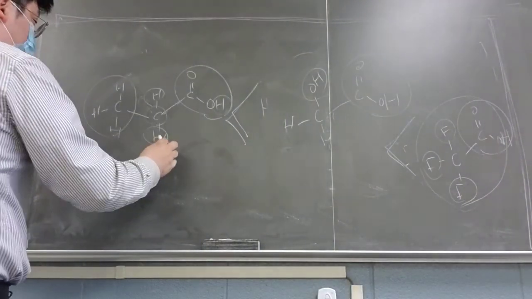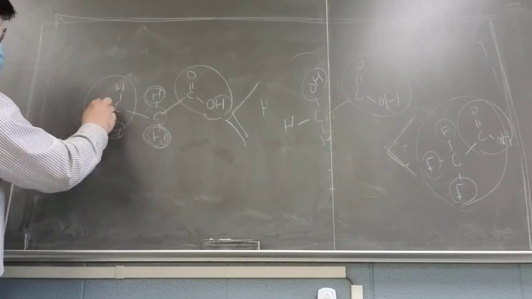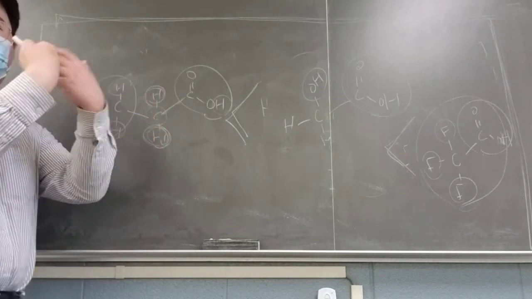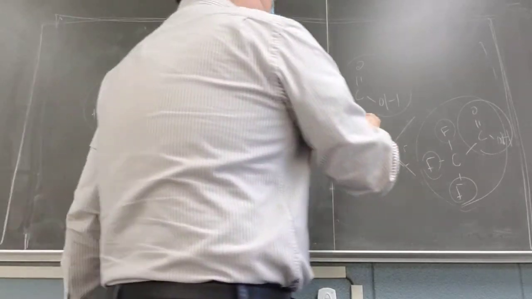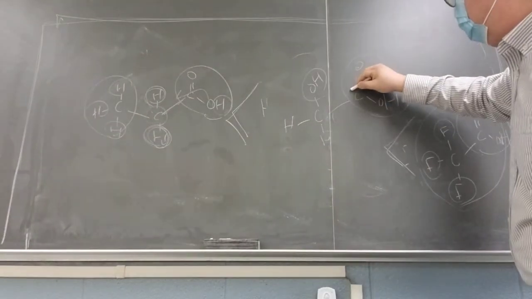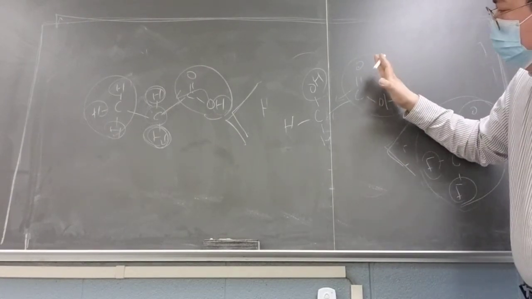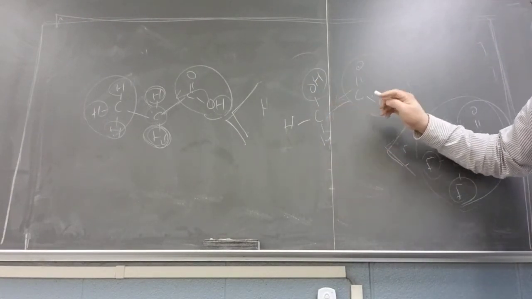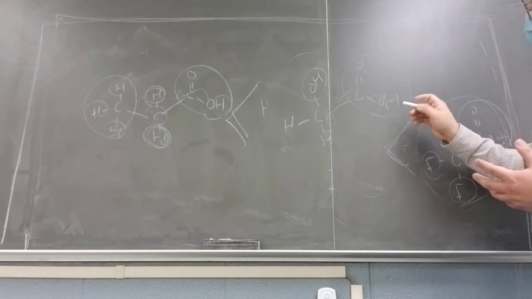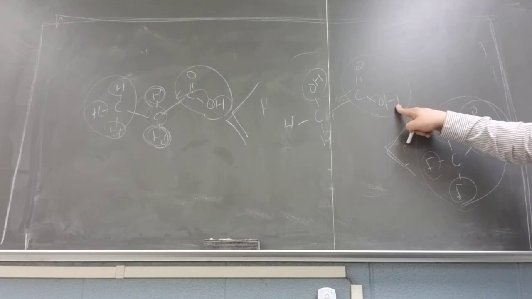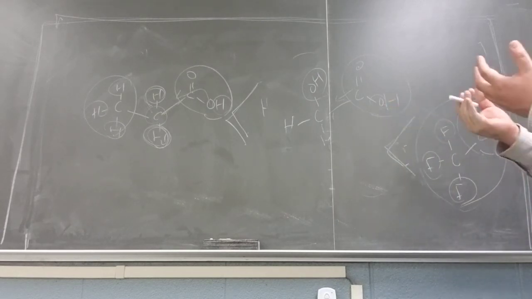If you look at this one here, there's not much you can do to help withdraw the electron density toward the carboxylate part of your compound, which makes it easier for the oxygen to detach the hydrogen as a proton, because this will help the withdrawing.